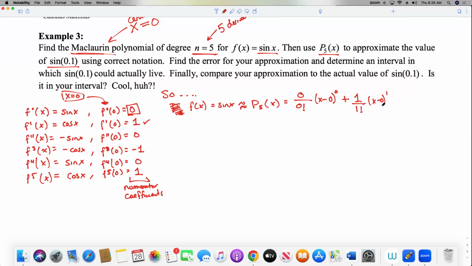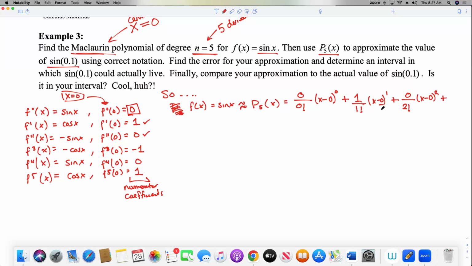Now, because I know it's a Maclaurin, I don't have to write this 0 every time. I'm just doing it for teaching purposes right now. Plus, next one, 0 over 2 factorial, x minus 0 squared.